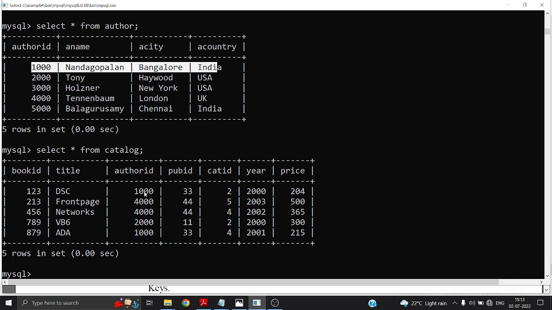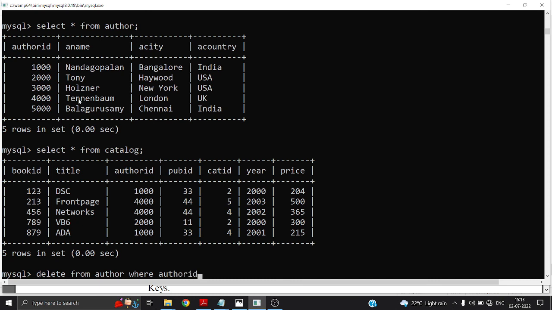Here catalog initially has 5 records, and author initially has 5 records. Now I will try to delete the record from author where author id equals 1000. I'm just deleting the record from the author table, I'm not deleting the record from the catalog table.